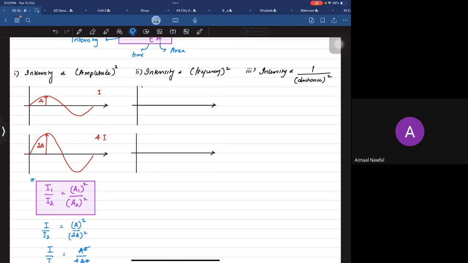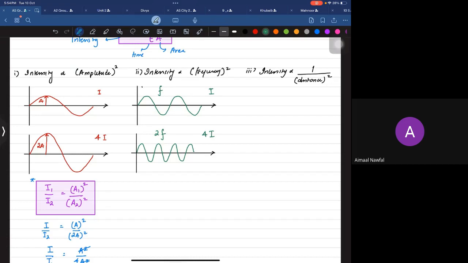So if you see a wave, let's suppose like this. Like that. And I say the frequency of this wave is F and the intensity is I. What would be the intensity of a wave that has frequency double of this? Like now the frequency is 2F. So now because it's a function of square, if frequency doubles, then intensity will be 4 times.